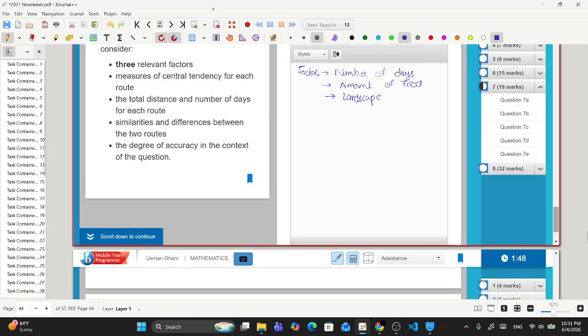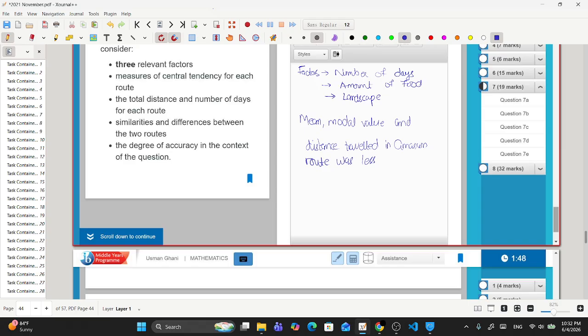And how would you prove it? The mean, mode or modal distance, and distance traveled in the Cameron route was less, right?